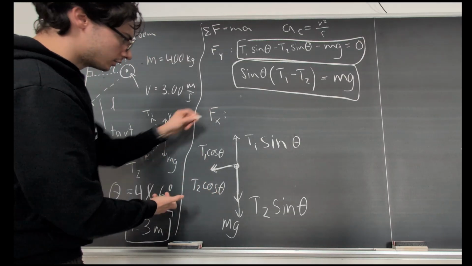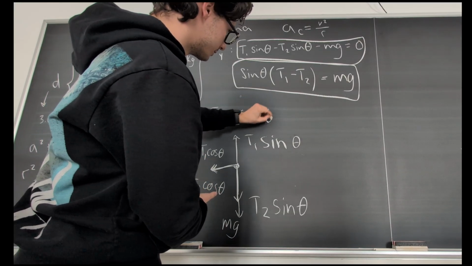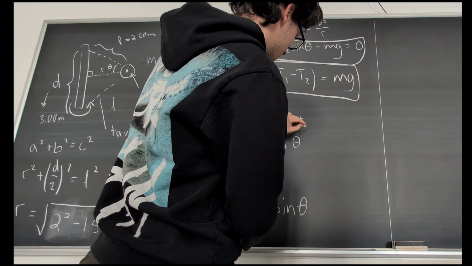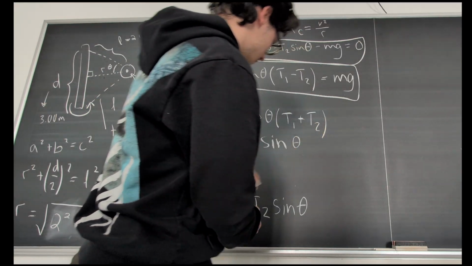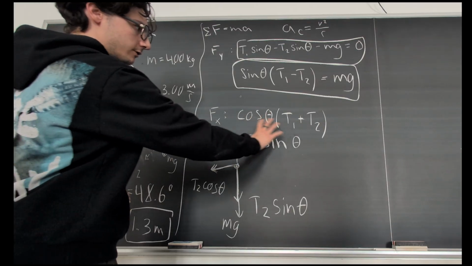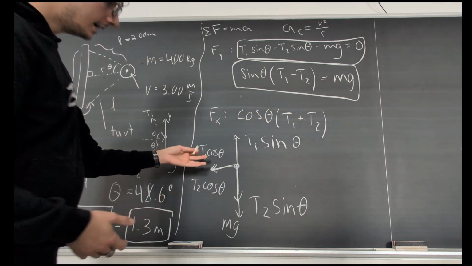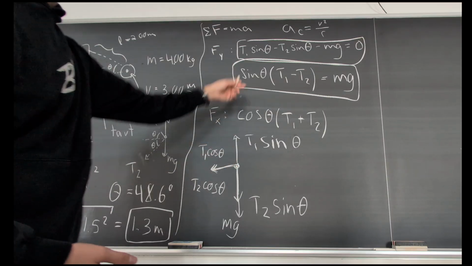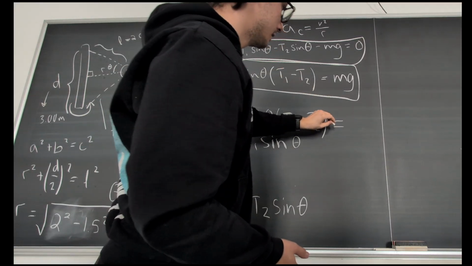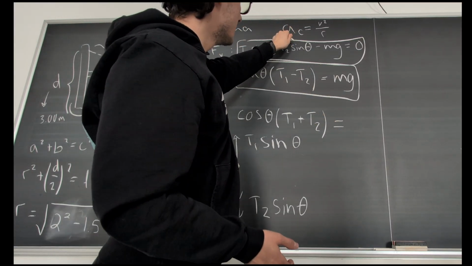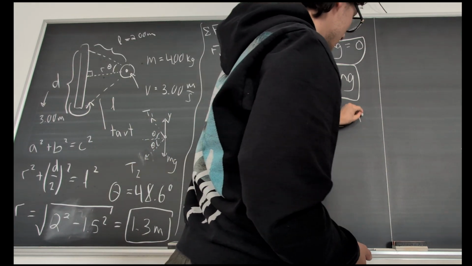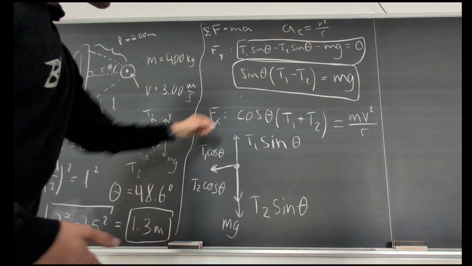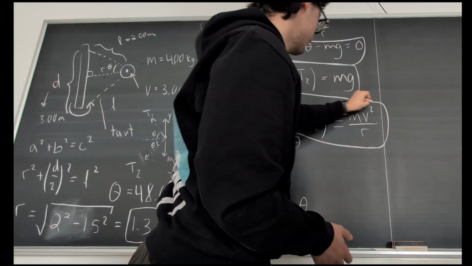I'll also factor out the cosine, so I have cosine theta, then T1 plus T2. Those are all the forces here. So the sum of all forces equals, in this case, not 0, because it feels the centripetal acceleration. Instead of 0, we're going to say it equals ma, which is mv squared over r. And that's also an important equation.